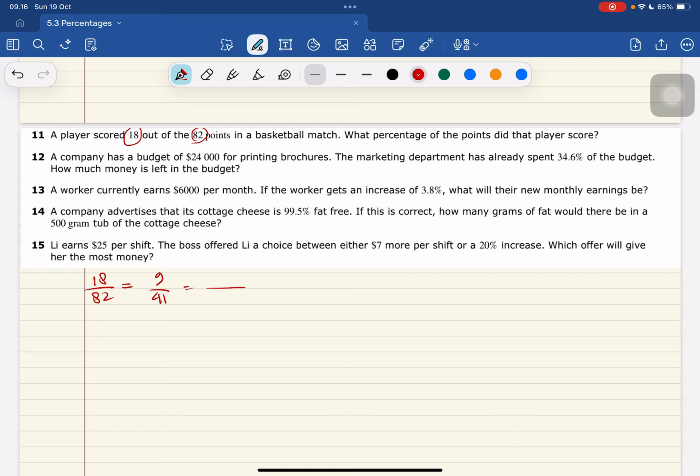So 100 divided by 41, this is about 2.4. So 9 also we need to multiply by 2.4. So 2.4 times 9 is going to be 21.6. So 11 is 21.6%.